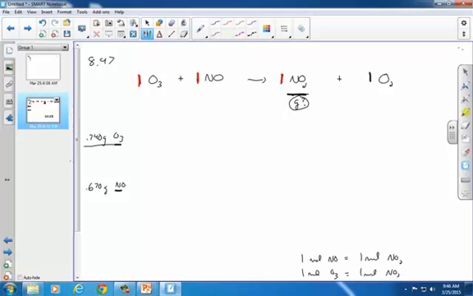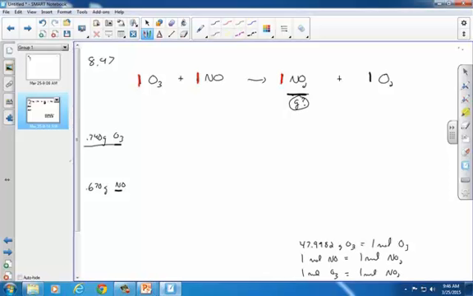So I need the molar mass for O3. Just calculate that. So oxygen, 15.999, times 3. So for oxygen, that's 47.9982 grams of ozone equals 1 mole of ozone.